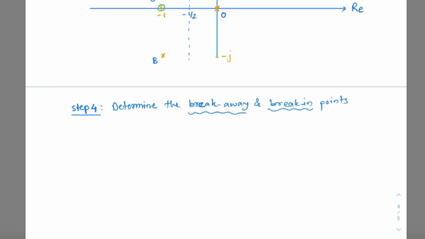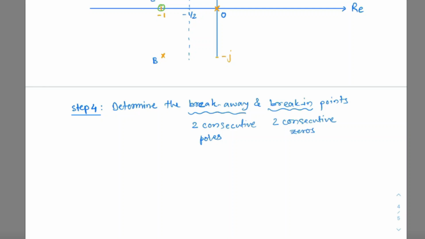These breakaway and break-in points occur when we have two consecutive poles or zeros.